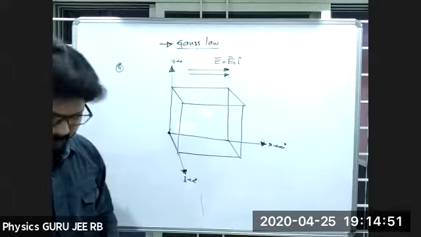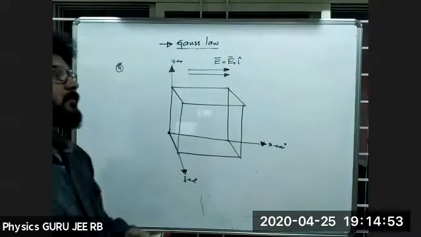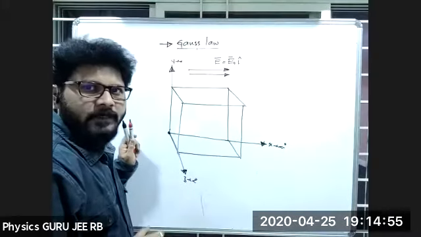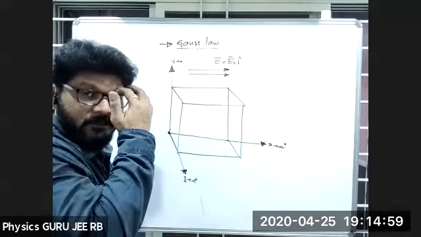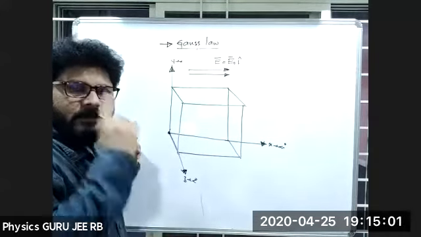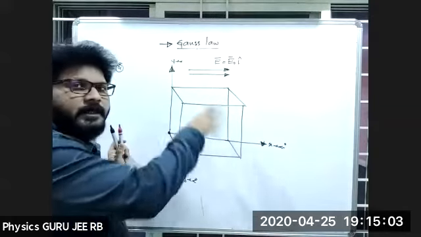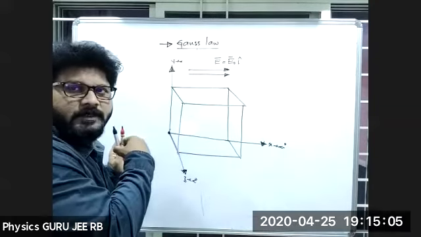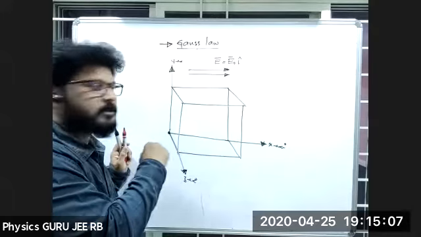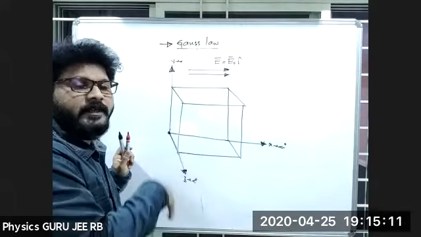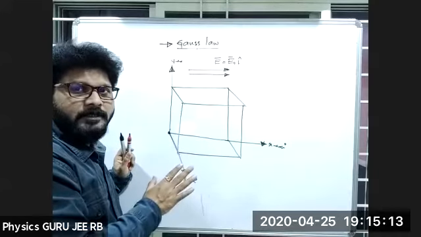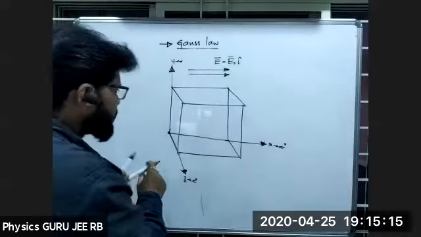Now to solve this one, total flux. Let us see the correct answer. First, let us take how many surfaces are there through which flux can emerge. For this one, 6 surfaces are there. From the 6 surfaces, will it come out or not? Let us decide. First, let me take the first surface.